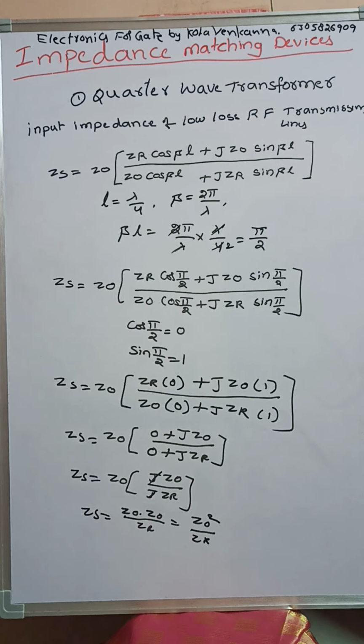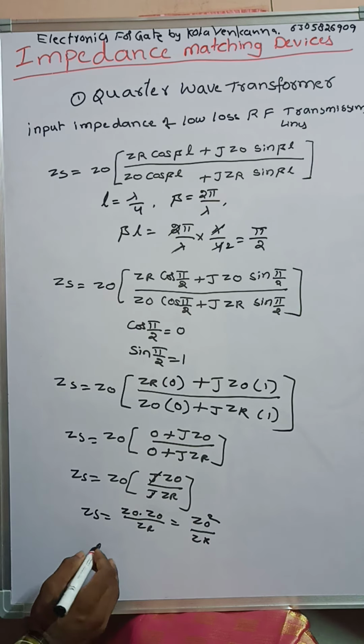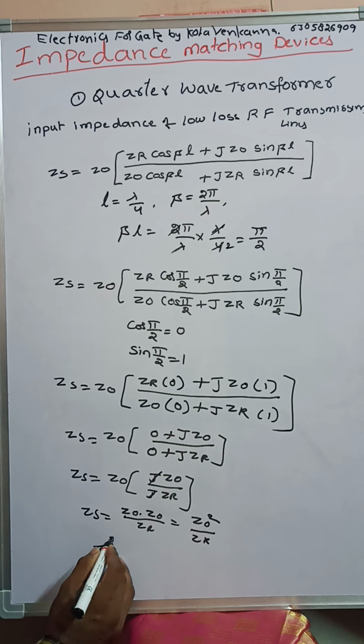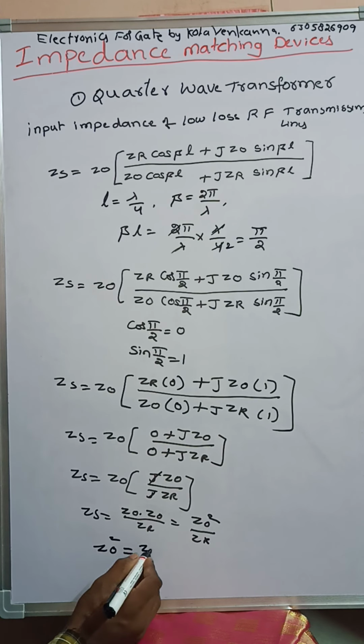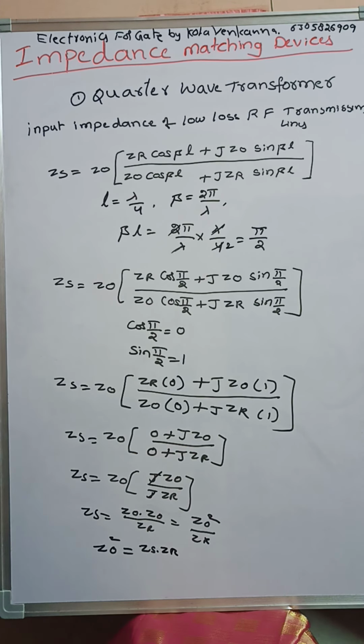So the above equation is written as Z0 square is equal to Zs into Zr. This is the relation between the characteristic impedance, the input impedance and the output impedance.